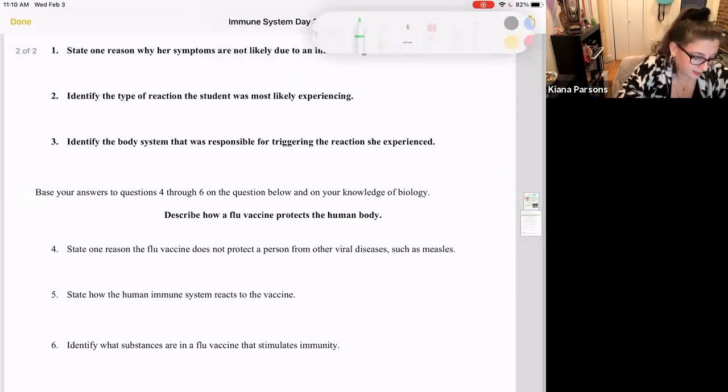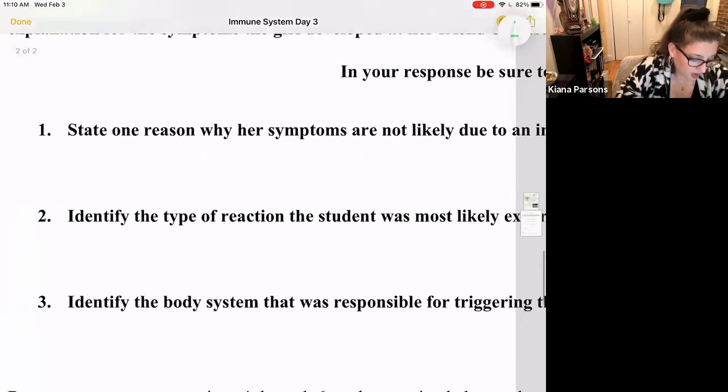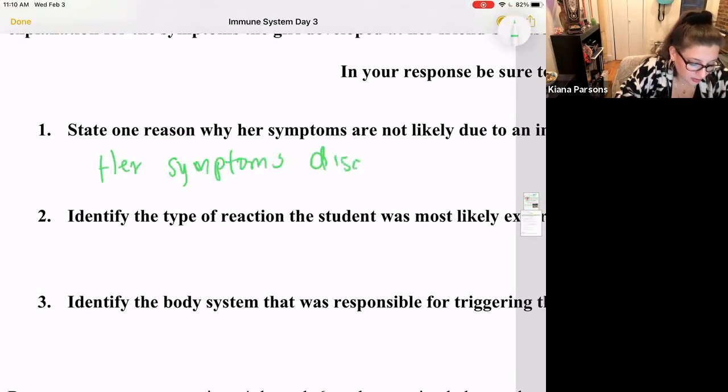Well, her symptoms disappeared as soon as she left her friend's house.